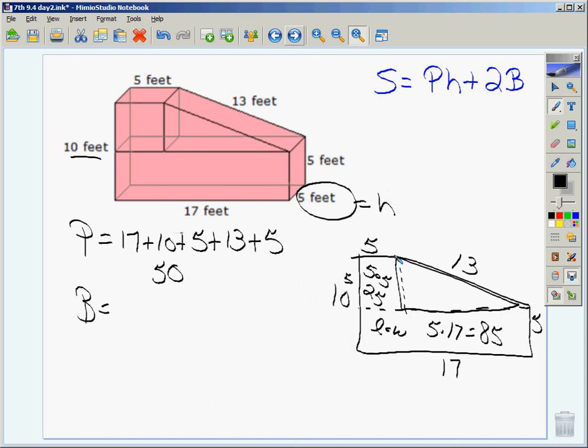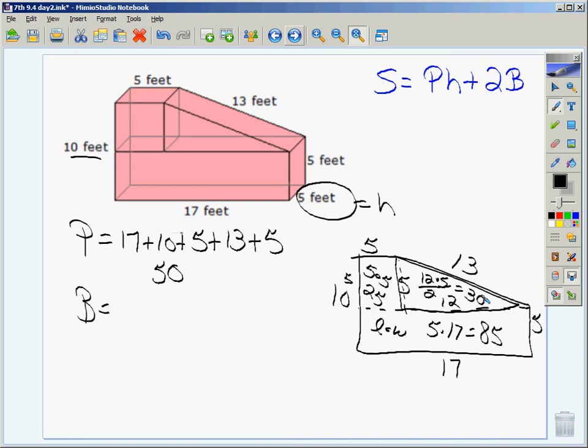What's the height? 5. What's the distance across the base? 13. It is 17 minus 5, which is 12. Okay? So I'd do 12 times 5 divided by 2, or 30.